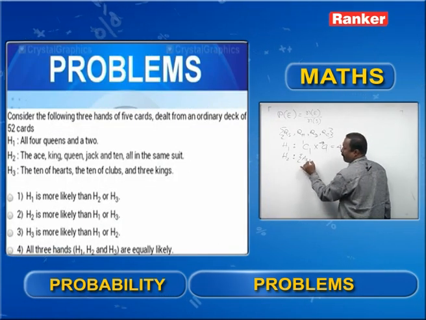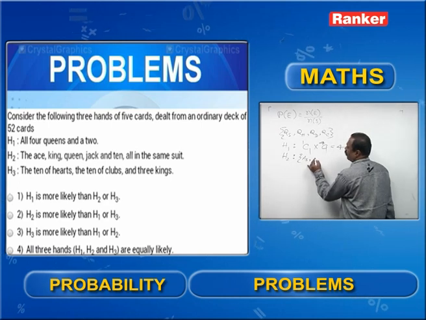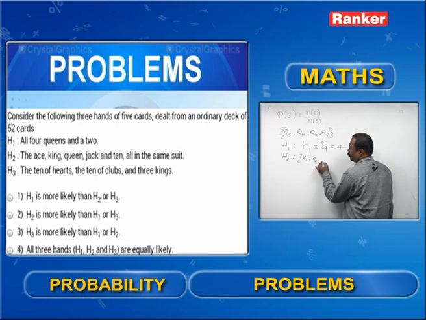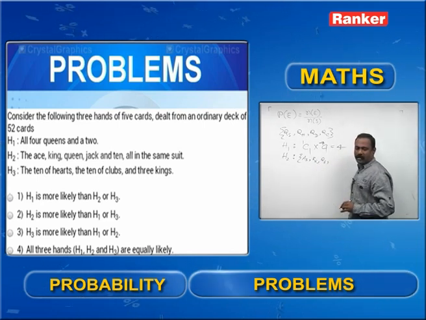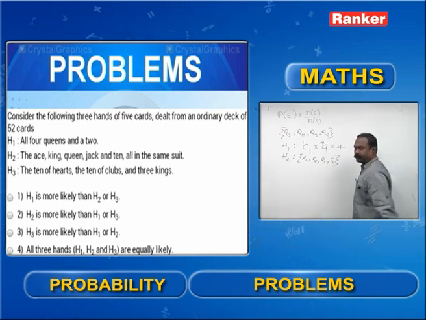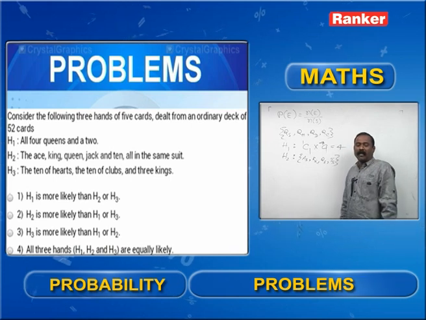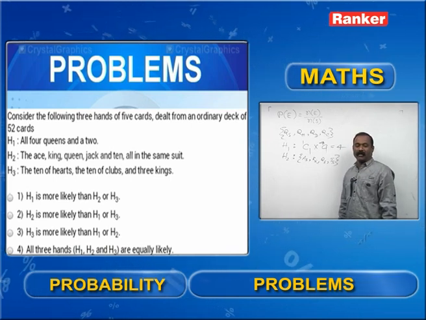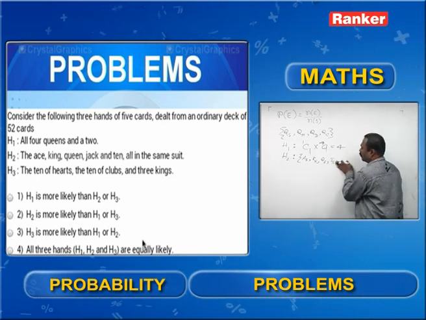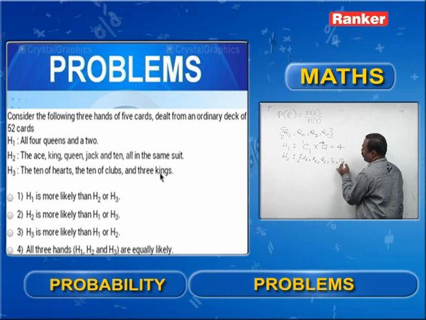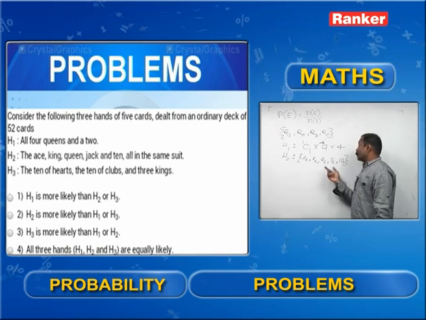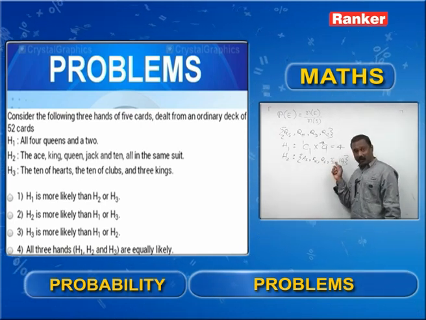Ace from spade, king from spade, queen from spade, jack from spade, all in the same suit, and a 10 also can be taken, let me say, 10 of spade. For your understanding, I am taking S as spade. This is from the spade suit.